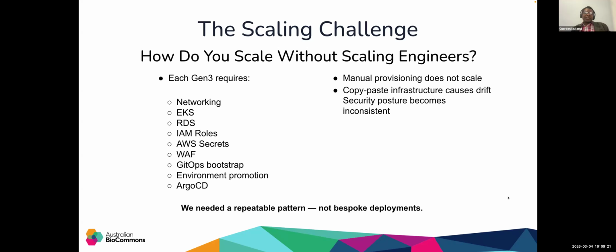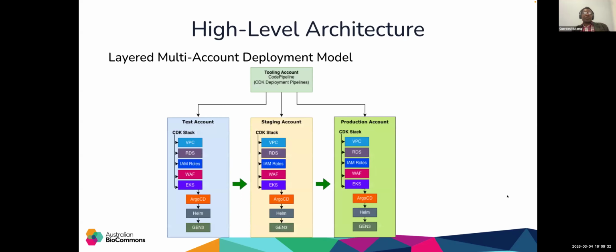And sharing clusters could reduce infrastructure costs, but it will also increase blast radius and operational coupling. So the real question for us became, how do we scale Gen3 deployments without scaling engineers? Our answer was to standardize the bootstrapping process.